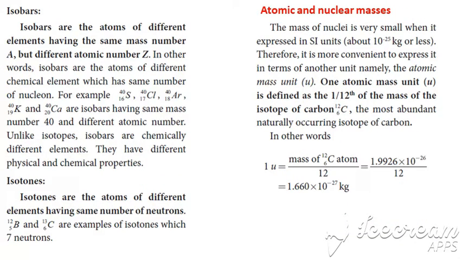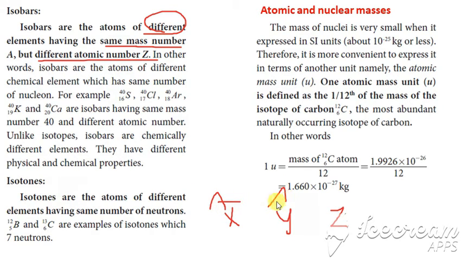Isobars are the atoms of different elements having the same mass number. It is not the same element; we are having different elements, which we can consider as X, Y, Z and so on. They have the same mass number but different atomic number.